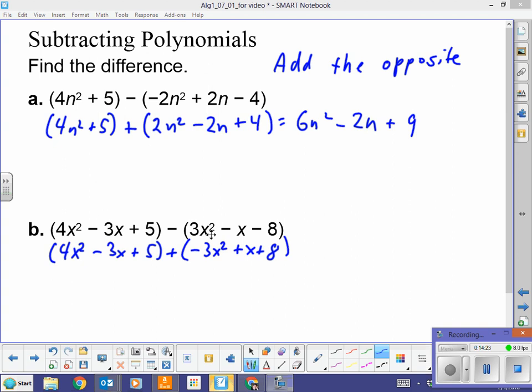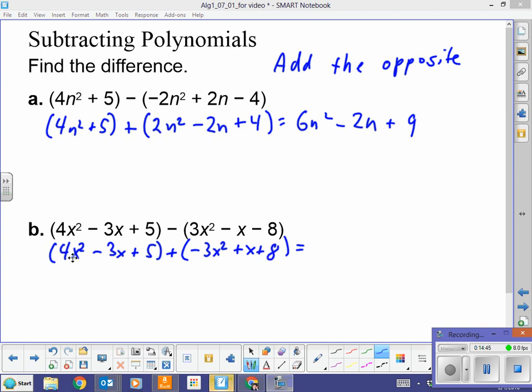Those cancel, those are 0, negative x plus x, 0, negative 8 plus 8, 0. What's the definition of opposite terms? If I add them together, I get 0. So remember, the opposite of every term inside the second polynomial.